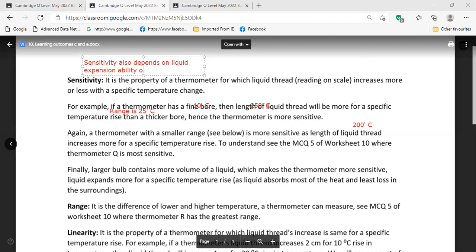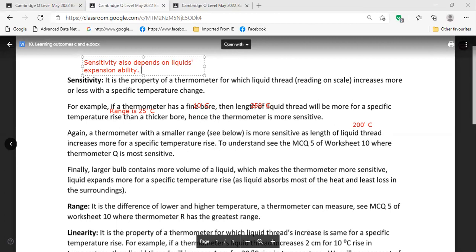You just write liquids' expansion ability, or expansion ability of liquids. Sensitivity also depends on liquids' expansion ability.